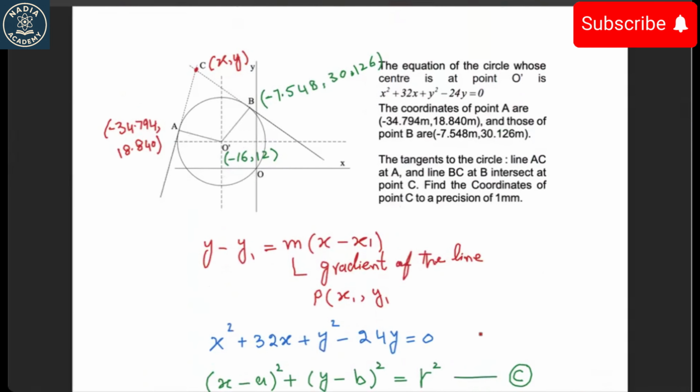So once again, we can very quickly go through the procedure or the method of solving this question. Always try to understand the question, what the problem is.